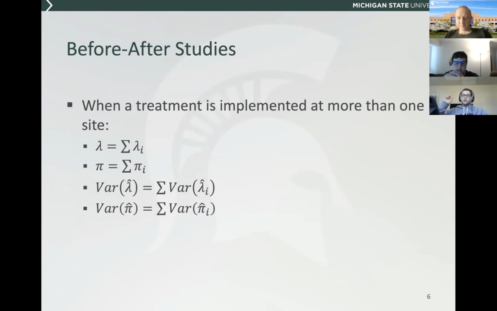Okay. So, Dr. S, does that mean that the variance of lambda hat is also equal to just the sum of lambdas if variance of lambda I is just lambda I? Right. Yeah. Okay. So the math works out.